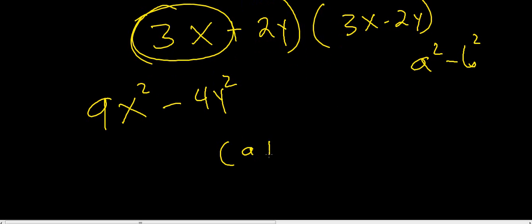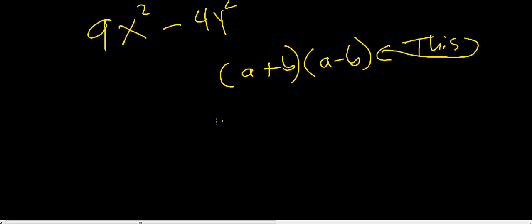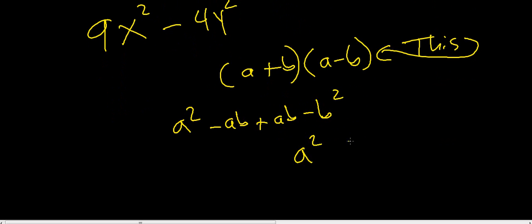So all we're doing is taking this, and to figure out the formula, we just FOILed it out, and we got a squared minus ab plus ab minus b squared, which gives a squared minus b squared.